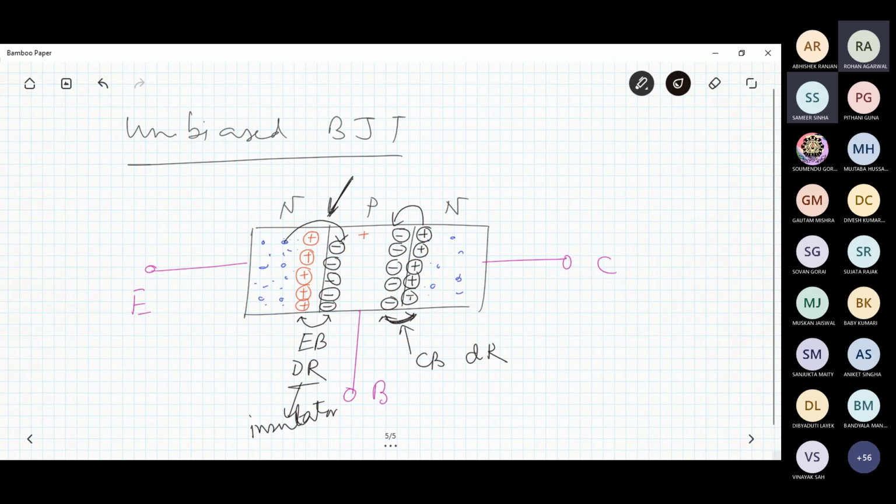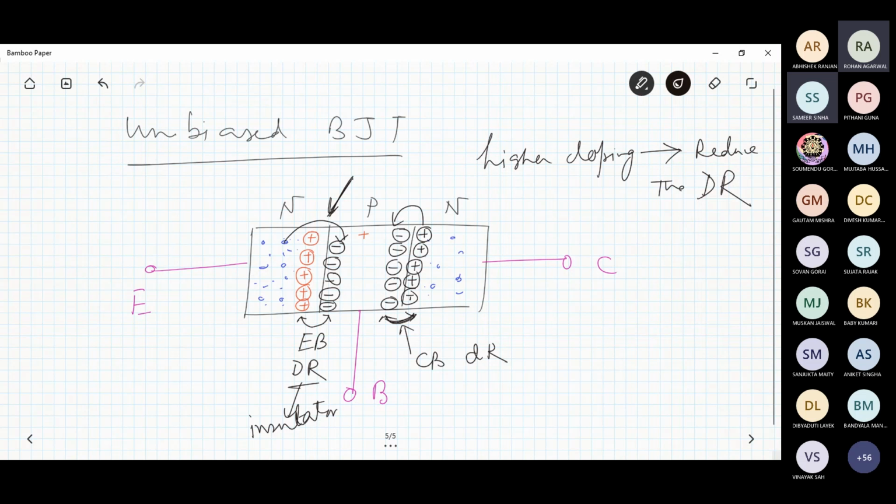The width will be different depending on the voltage or depending on the doping level. The higher the doping, the more the depletion region will be reduced.